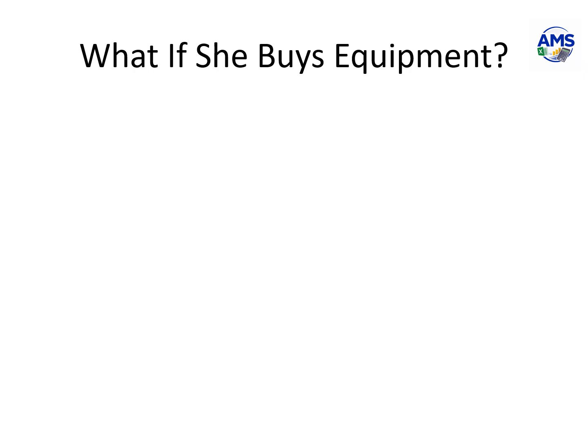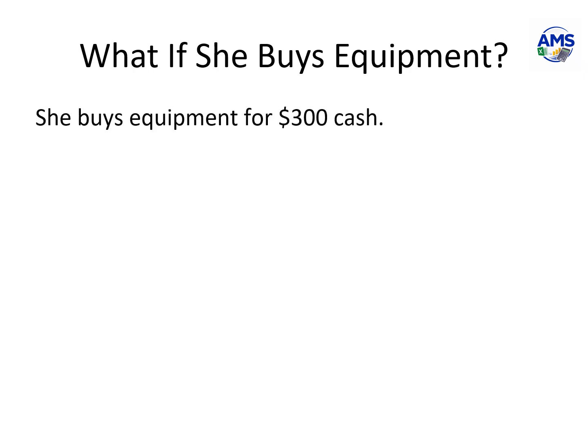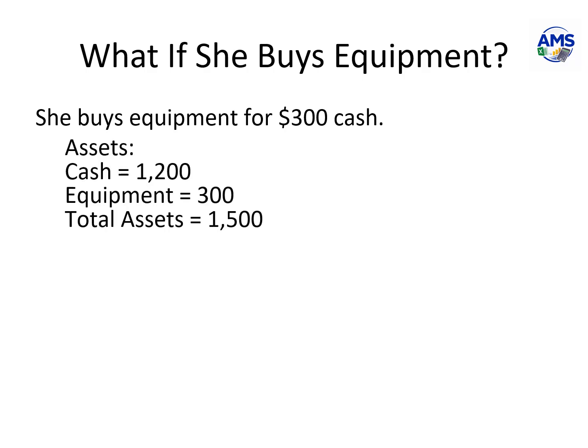What if she buys equipment? She buys equipment for $300 cash. The assets are now cash 1,200 and equipment $300, so the total assets equals 1,500. The liabilities equal $500, capital equals $1,000.